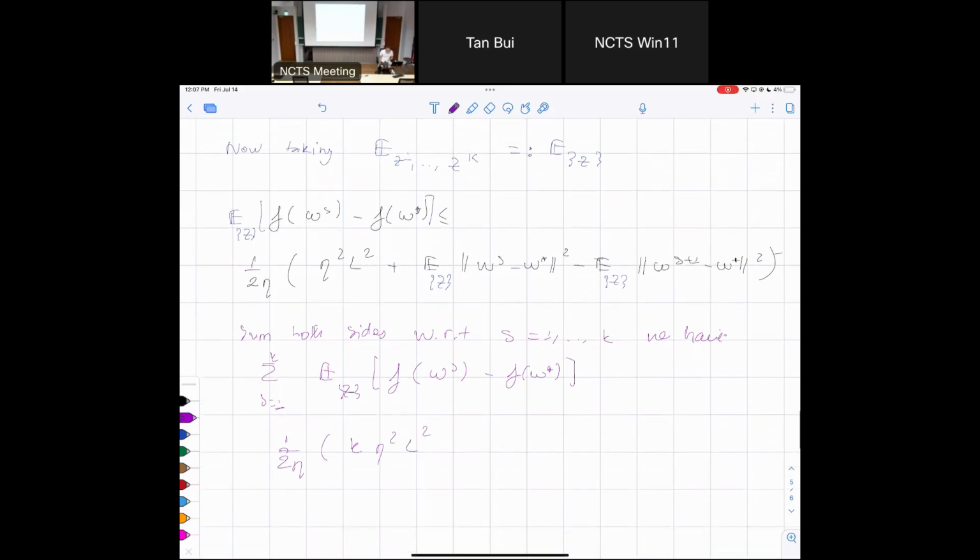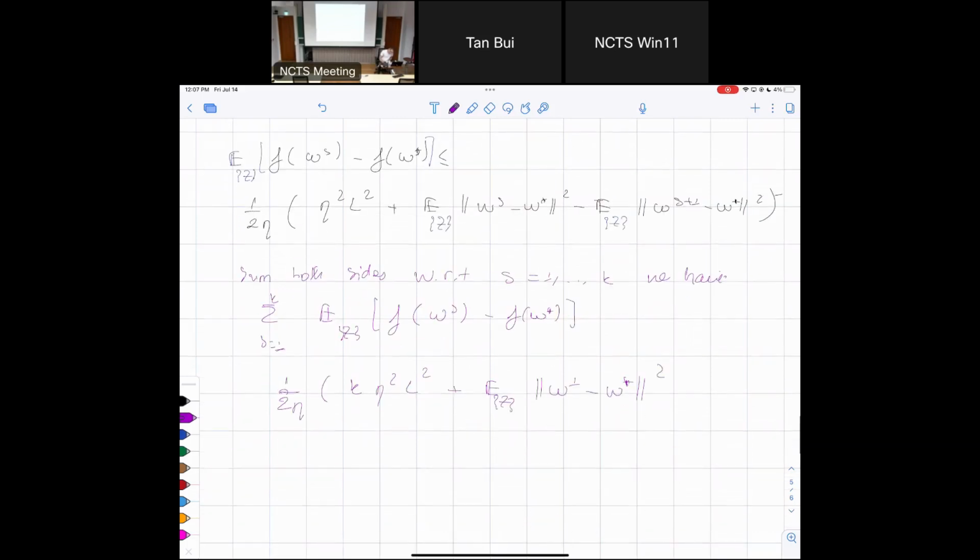The only one that survives is the expectation over Z of W1 minus W star, squared. And another one that survives is the last one, minus the expectation over Z of W_K minus W star. We have exactly the same thing as last time.